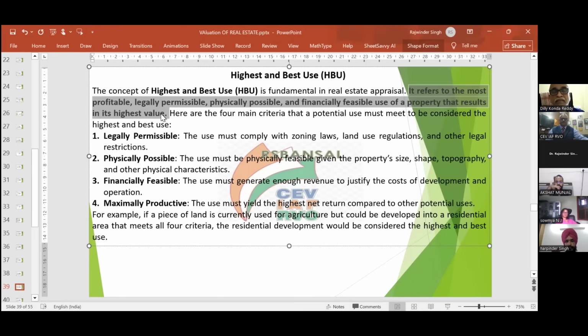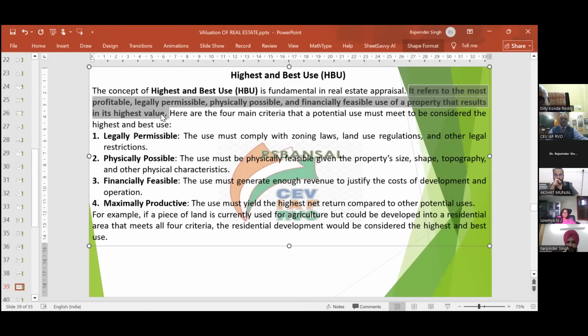Then financially feasible. Financially feasible means you constructed a mall, but you have constructed it in an area where you are not able to get a number of tenants. Most part of your mall remains unoccupied in the year. You are not able to get back the money you have invested. You are not getting enough rent, enough payback on the basis of rent.